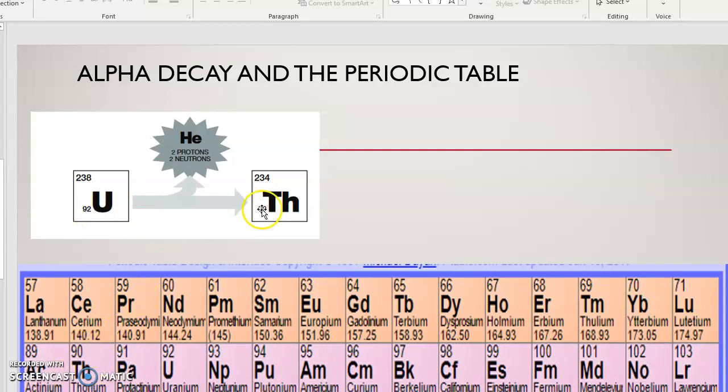And your mass number is going to change as well, because the mass of the helium atom was 4, so 238 minus 4 turns into 234. So please be familiar with identifying these and understanding the mass and the protons when you go through alpha decay.